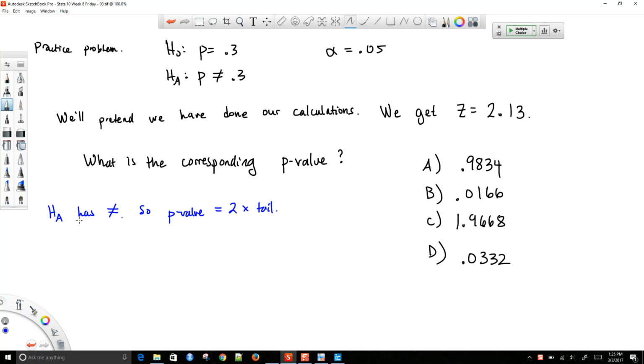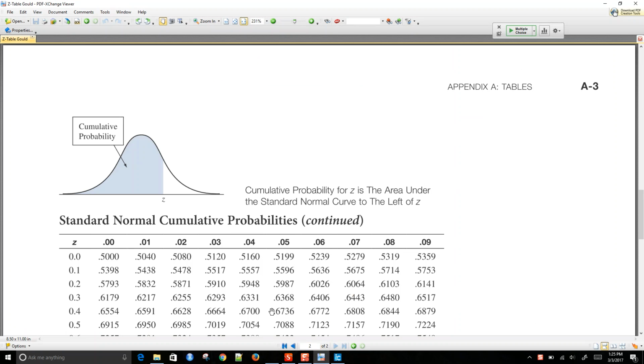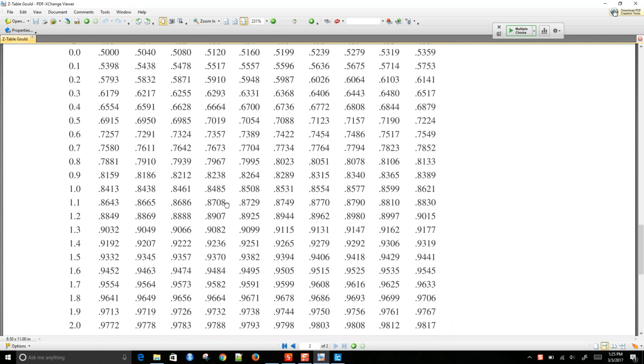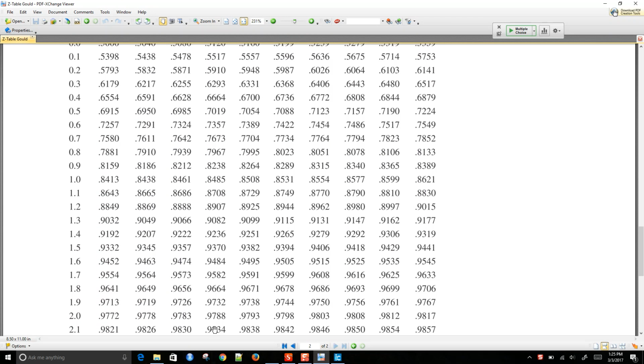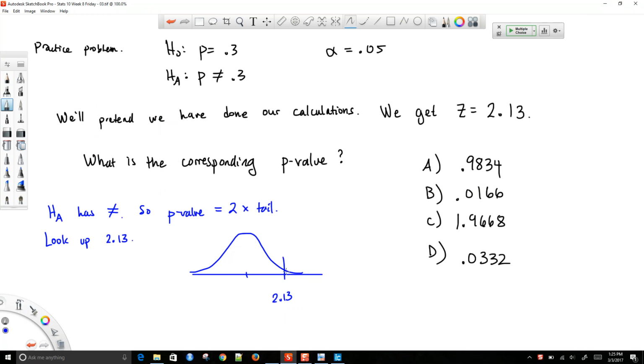So we look up 2.13. If I draw a little picture here, when I look up 2.13, this will tell me that my area is 0.9834, and that's going to be this area over here.